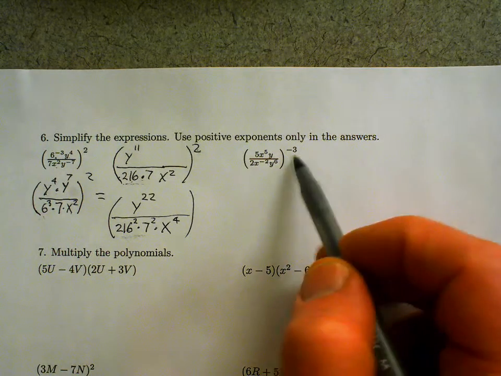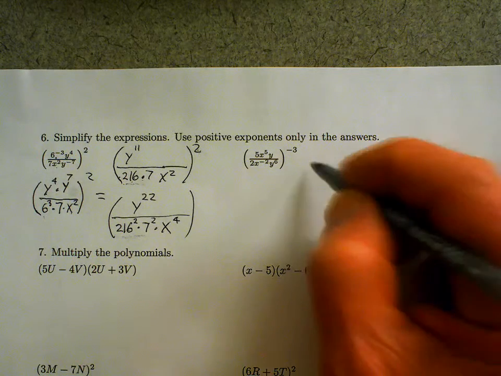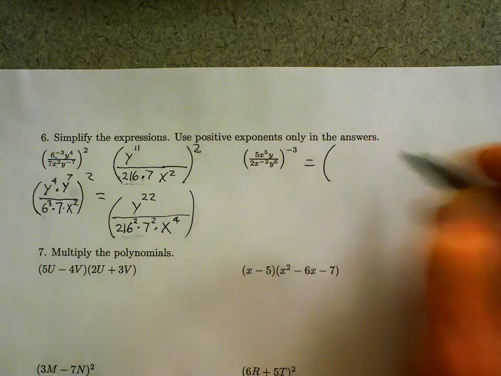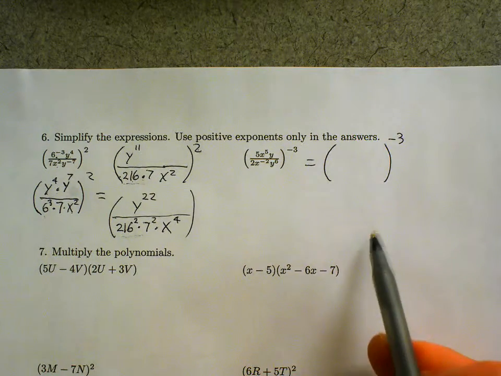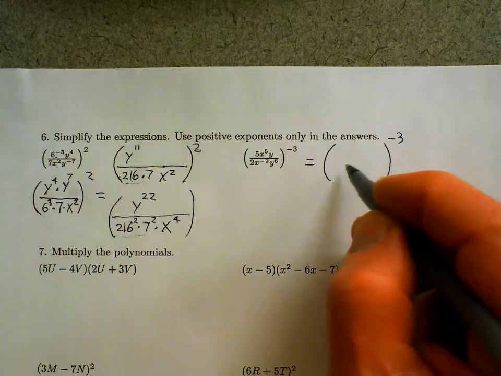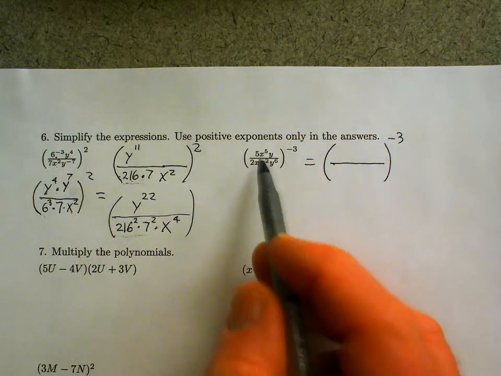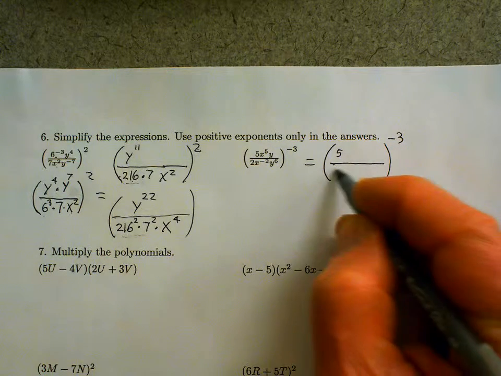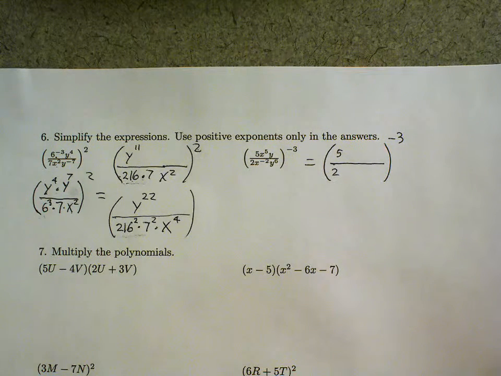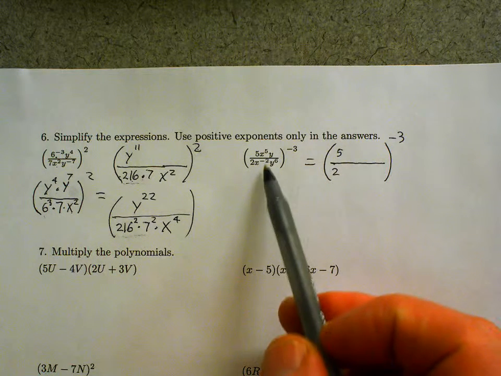This time we have an outer exponent that's -3, but before applying the outer exponent of -3, let's simplify on the inside of the parentheses first. In the numerator, we have a factor of 5, and in the denominator, we have a factor of 2. And now let's turn our attention to the variable x.